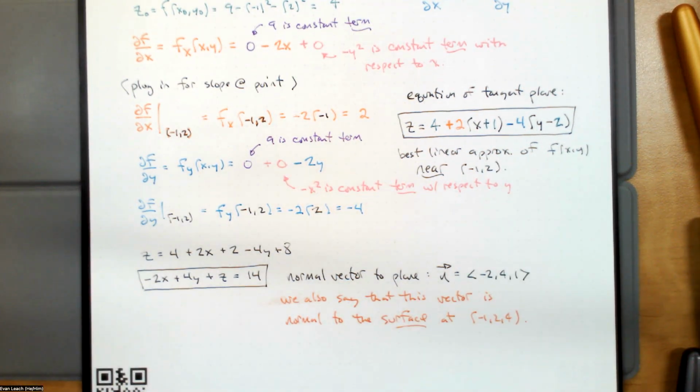Just like the tangent line is the best linear approximation to a function near a point, so is the tangent plane. The tangent plane is going to be the best linear approximation to the surface near the point. All the stuff we did before, stuff that we're doing now, we just have to do partial derivatives to get there.